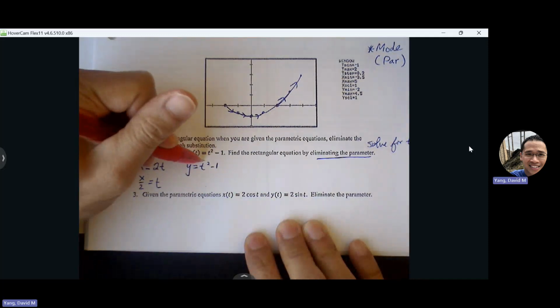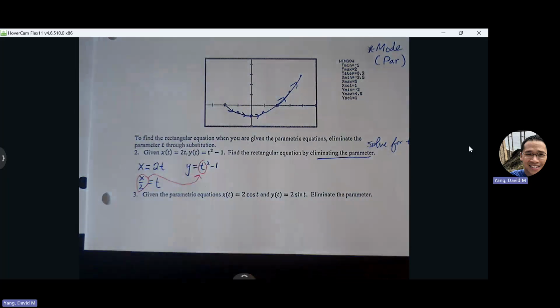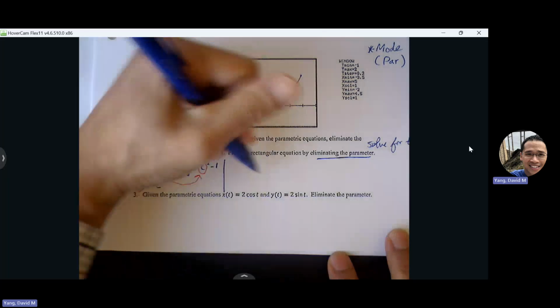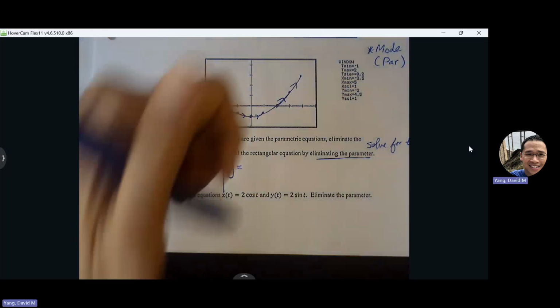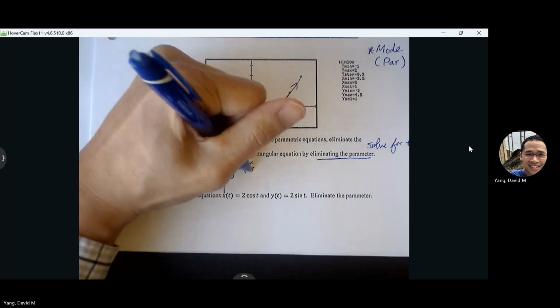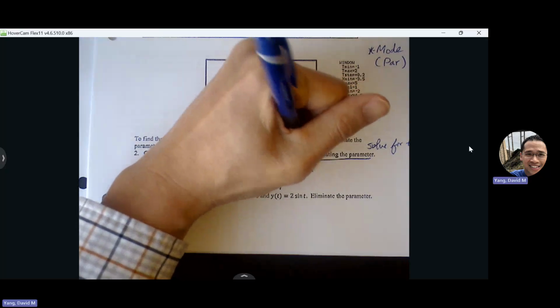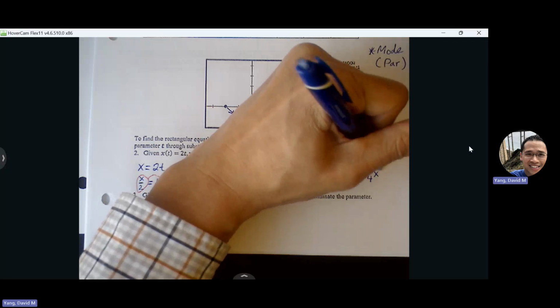We're going to replace t with x over 2, since we have a substitute for t in terms of x. Do some cleanup. We get x squared over 4 minus 1, or y is equal to 1/4 x squared minus 1.